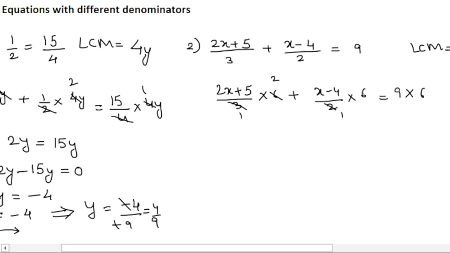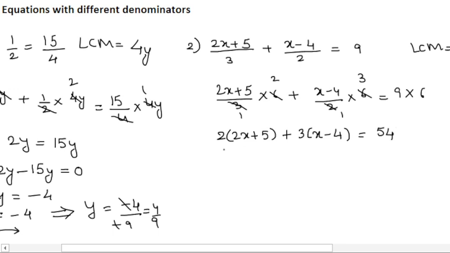Same happens here. 2 3s are 6. Nothing cancels out here. It just gets multiplied. So the leftovers are 2 times (2x plus 5) plus 3 times (x minus 4) is equal to 9 times 6, which is 54.